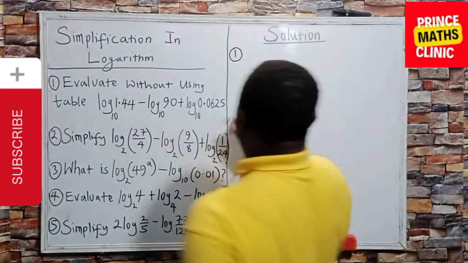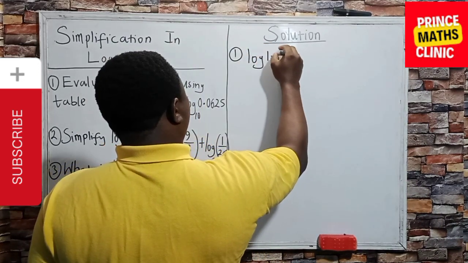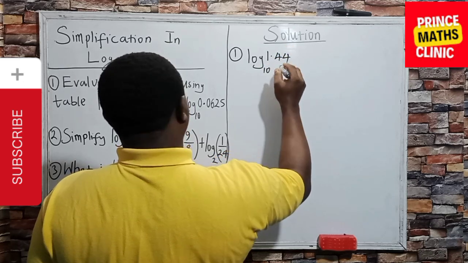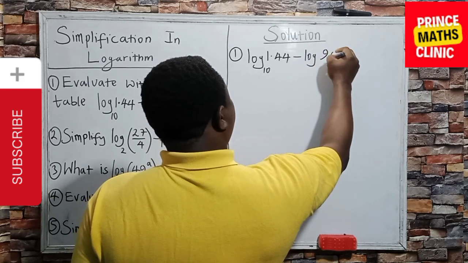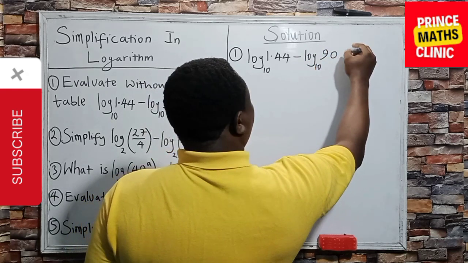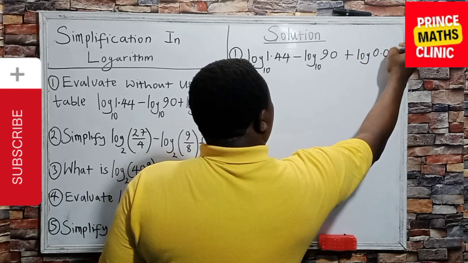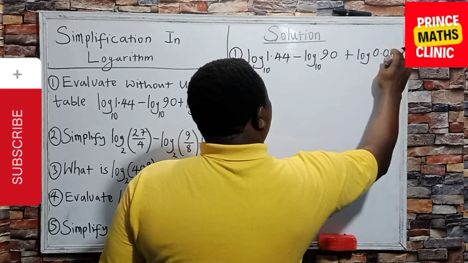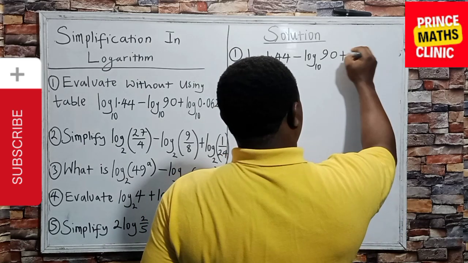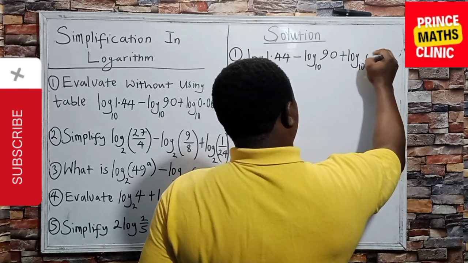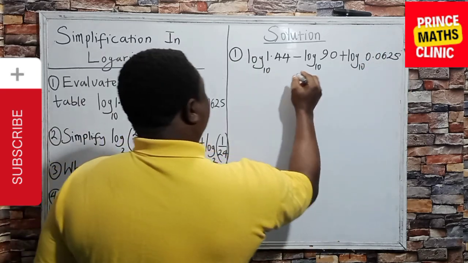Now, the question: log 144 base 10 minus log 90 base 10 plus log 0.0625 base 10. All right.